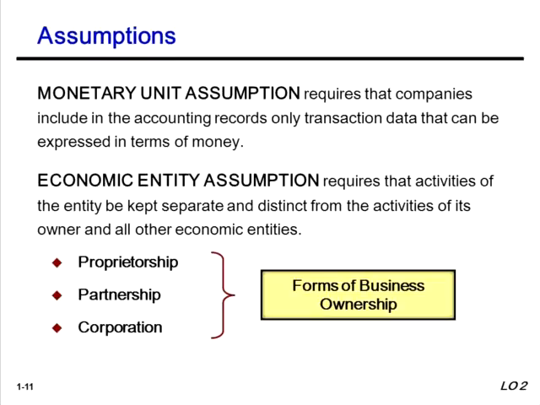A lot of large corporations are comprised of several economic entities. Some examples: General Electric, Disney. Within those large entities, there are several entities, and they must prepare their own financial statements.